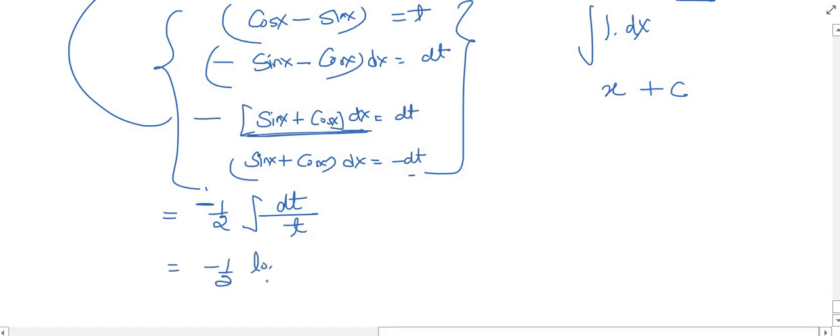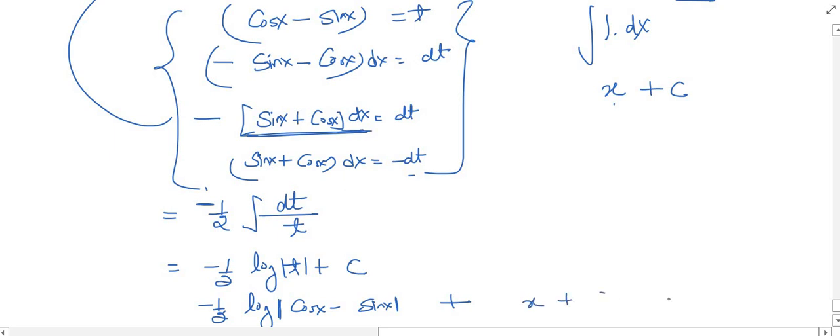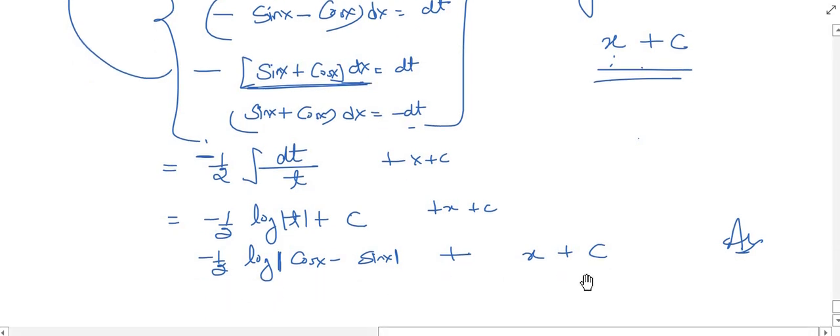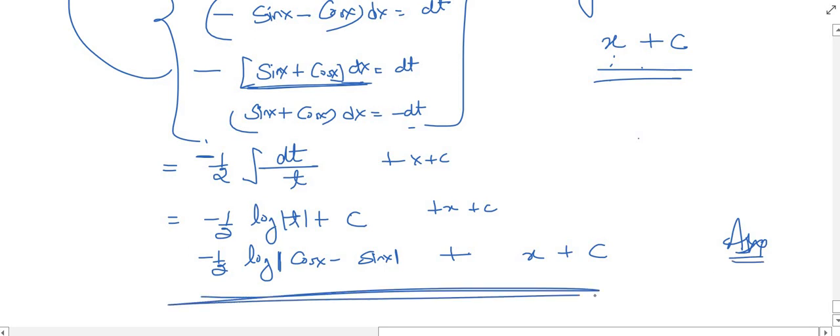Minus of 1 by 2 log of mod of t plus c, which is minus half log of t. t was nothing but cos x minus sin x, plus the remaining part, the second part, which was already there, x plus c. So the total answer is this. I hope you understood. This is the total answer. Okay, pause it and try on your own.